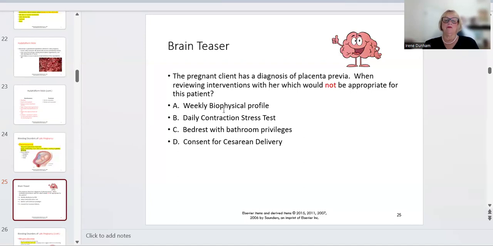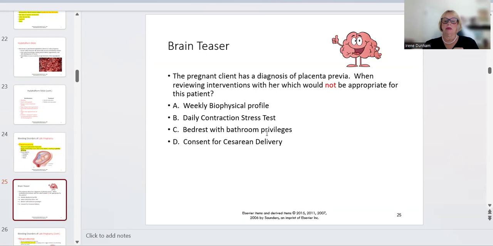Now I might do a weekly biophysical profile, because I'm looking at the baby, the amniotic fluid, the movement of the baby, and heart rate, to make sure everything's still okay. She'll have bed rest, because I don't want this lady getting up and bleeding.